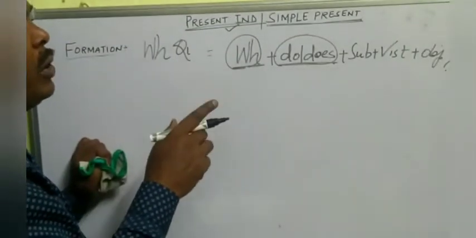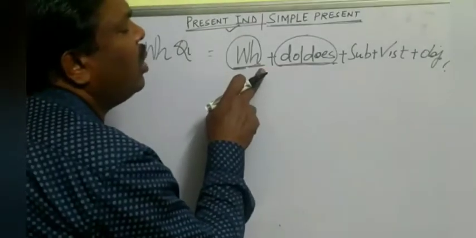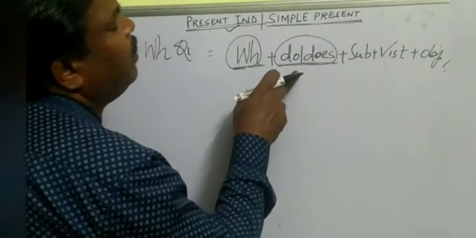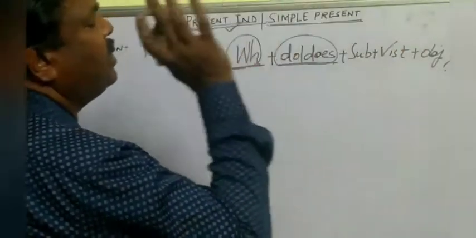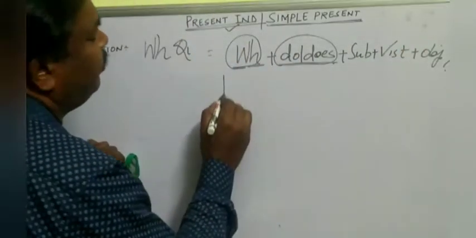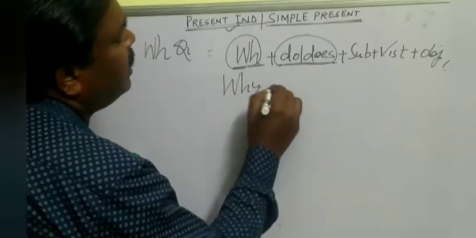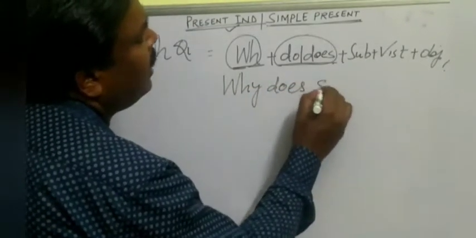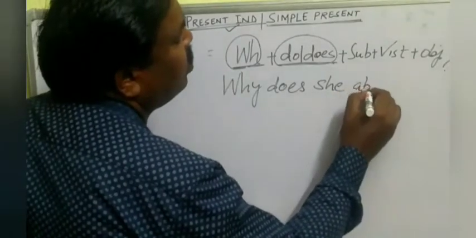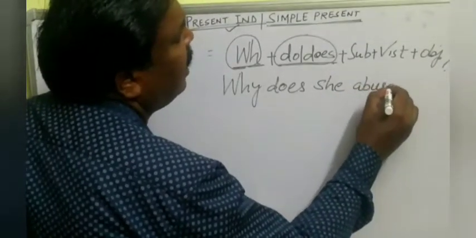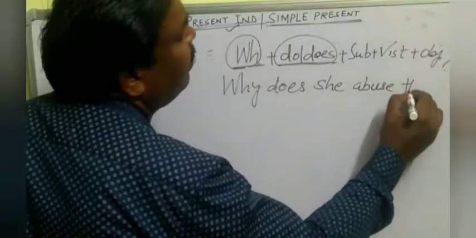So please remember, after WH word you must use the helping verb. Then you will write subject, then first form of verb, then object. Example. Why does she abuse them?